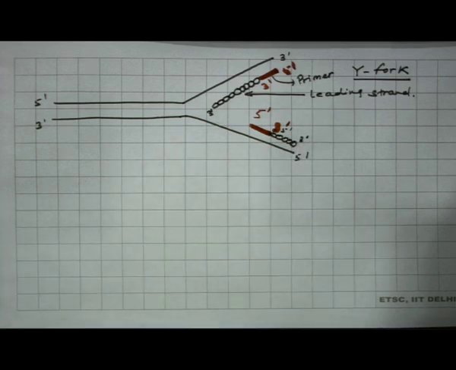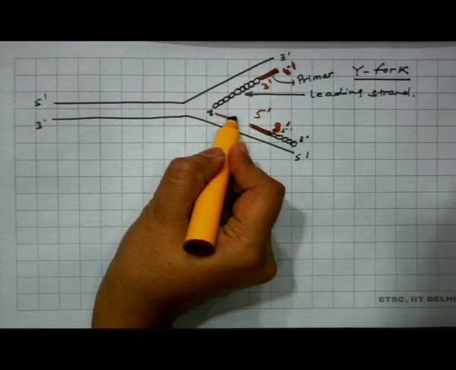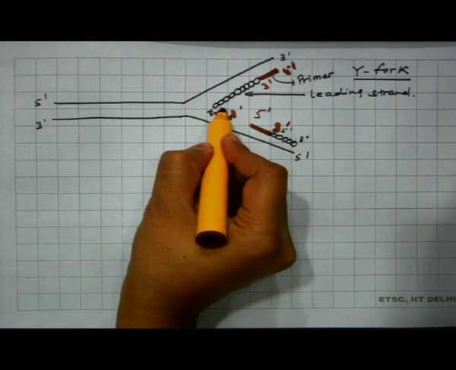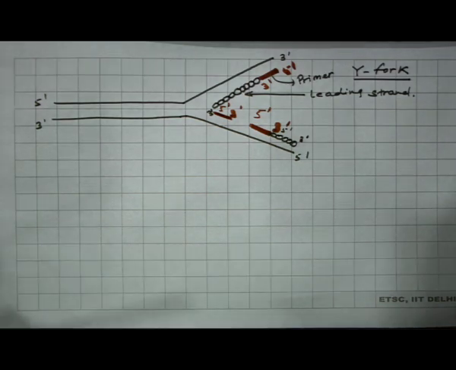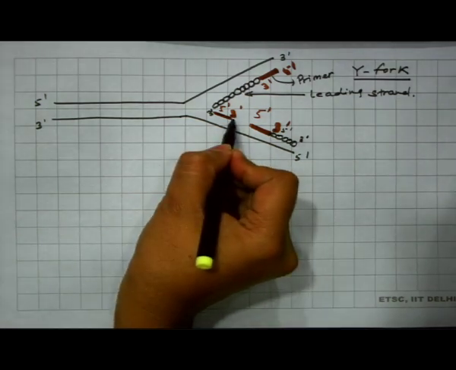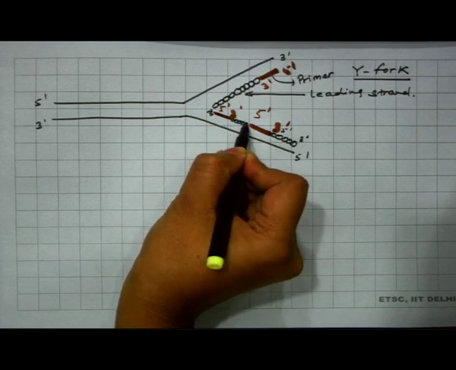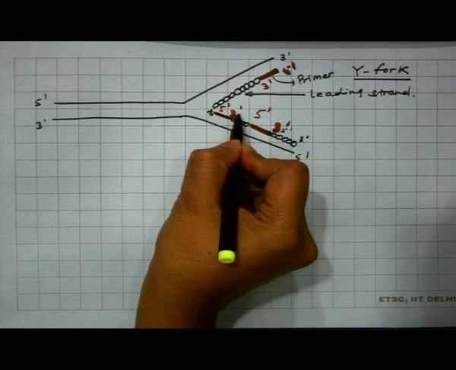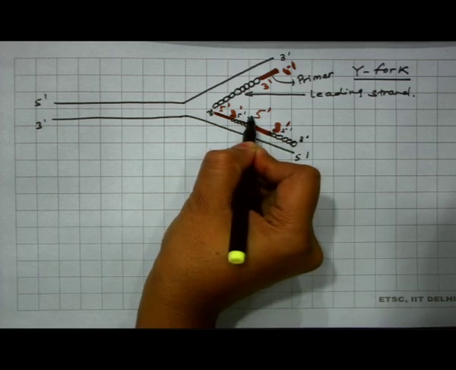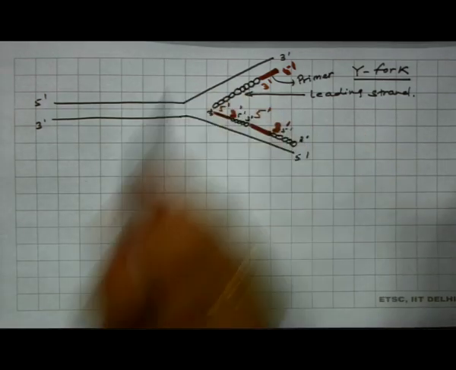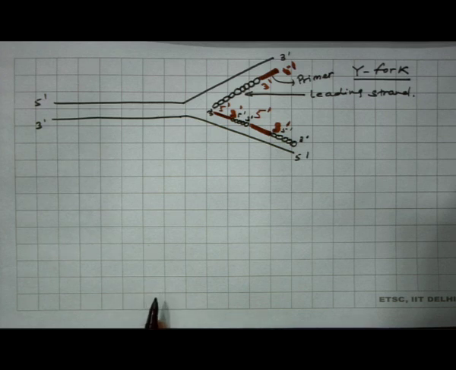Again another primer will bind wherever they get the complementary 3' end, 5' end, and these gaps will be filled up by DNA polymerase, 5' end and 3' end. Like this, the whole strand of the DNA will be replicated.